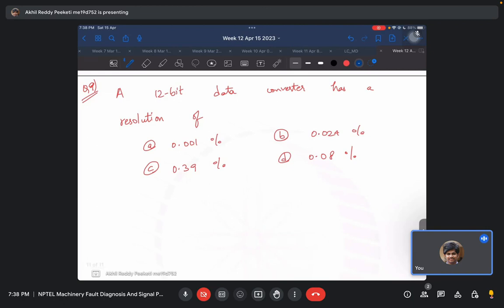So what should be the resolution for a 12-bit data converter? This formula we know, we have discussed in the class many times in the sessions. So the resolution is 1 by 2 power n, usually range by 2 power n, but because here we are talking about percentages, we'll just take 1.